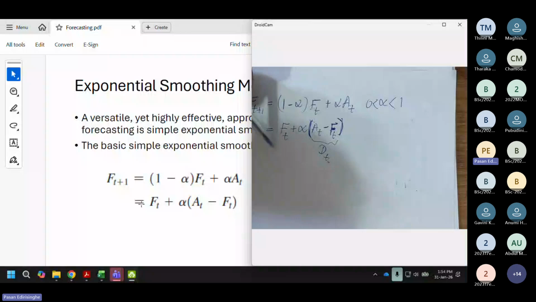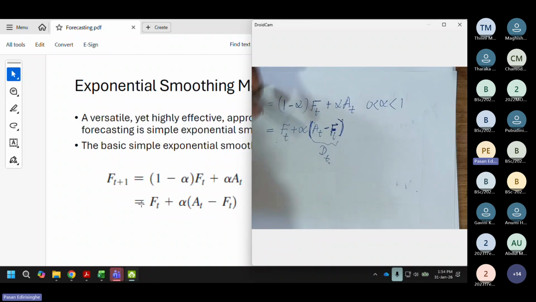Without taking exactly that forecasted value into the future, we are adding some part of that error into that plan as well, and it's kind of like correcting as time goes by. So that's why smoothing is indicated. That's the way we can look at this particular concept, the exponential smoothing concept, right?